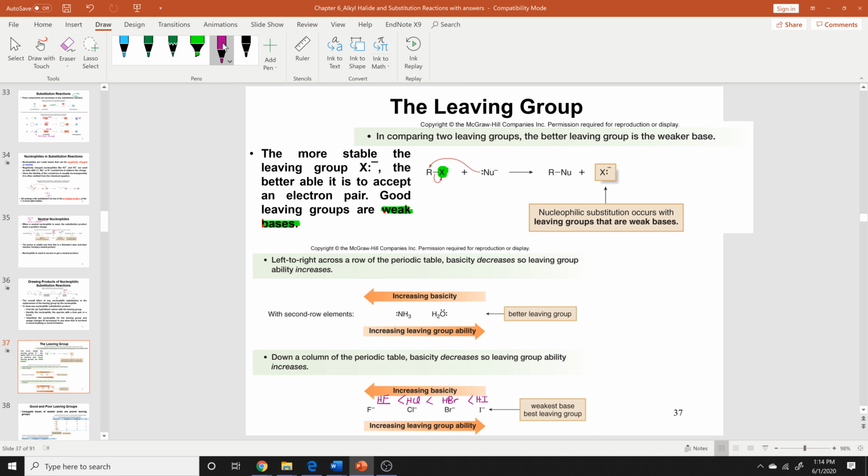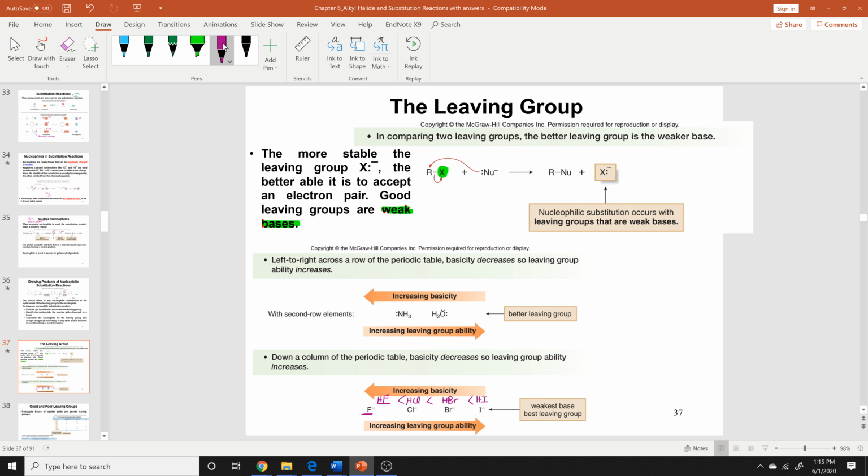So I minus, Br minus, Cl minus, they are good leaving groups, but F minus is the conjugate base of a weak acid, so it is a strong base and it is not going to be a good leaving group. Remember the trend of basicity in a period.